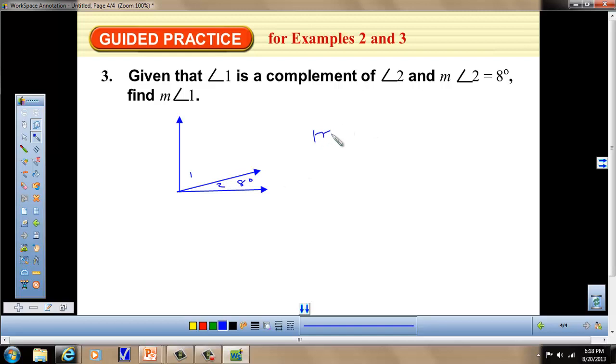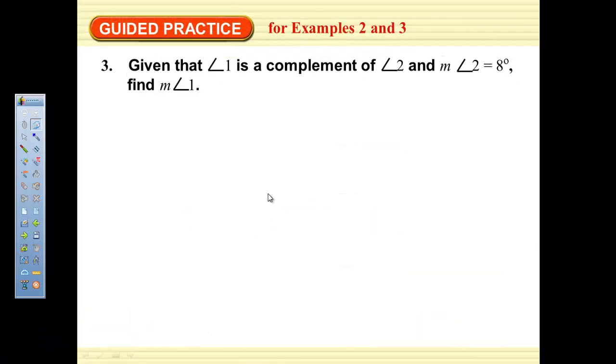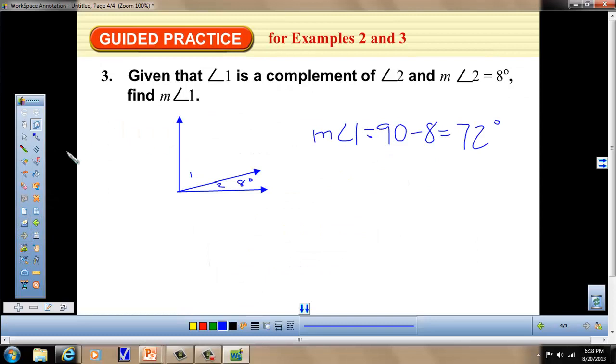You can see that the measure of angle 1 is going to equal 90 minus 8, or 72. Good? Oh, 82. Oops. Let me go back and fix that. My mistake. I am an imperfect person. 90 minus 8 is 82. Okay.